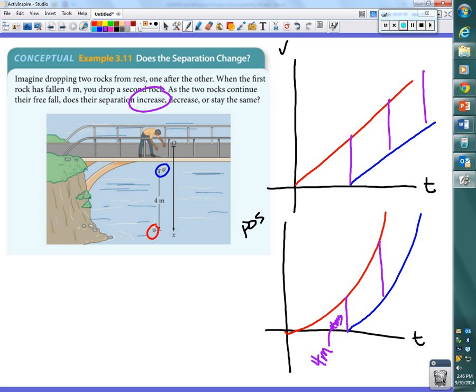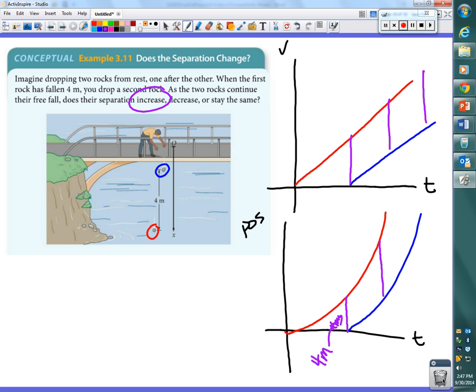If he speeds up from 50 to 55, but you speed up from 60 to 65, you're already going faster than him, and now you're going even faster, right? You're going to pull even farther away from that car.